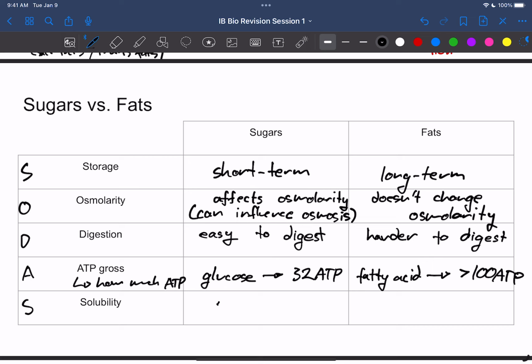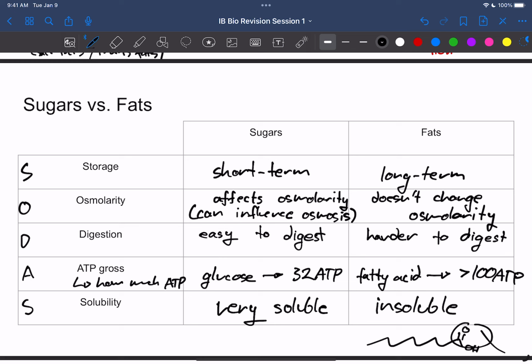Solubility. Well, sugars are very soluble because of all those OH groups and the ability to form hydrogen bonds with water. And fats are insoluble because they have so much of that hydrocarbon that this part doesn't matter.